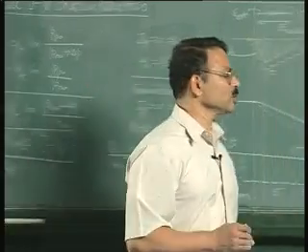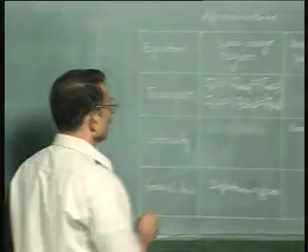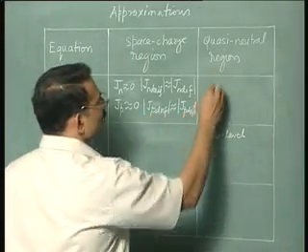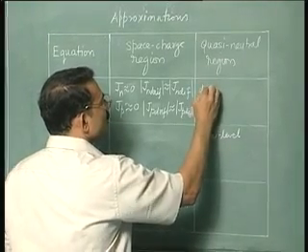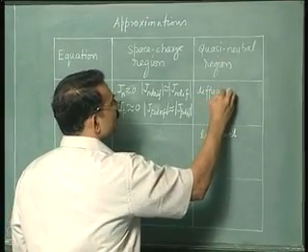So let us list this approximation here. So in transport equations in quasi-neutral region, you have the diffusion approximation for minority carriers.